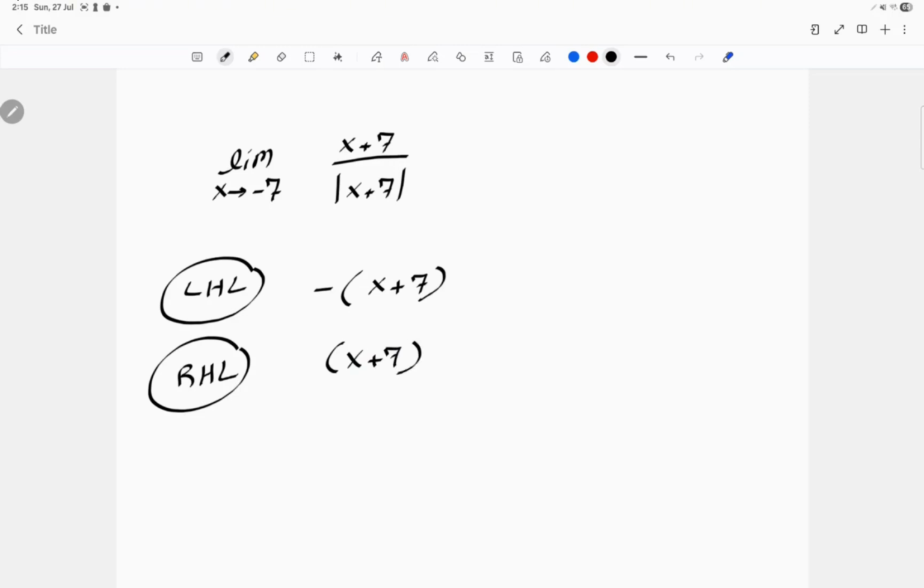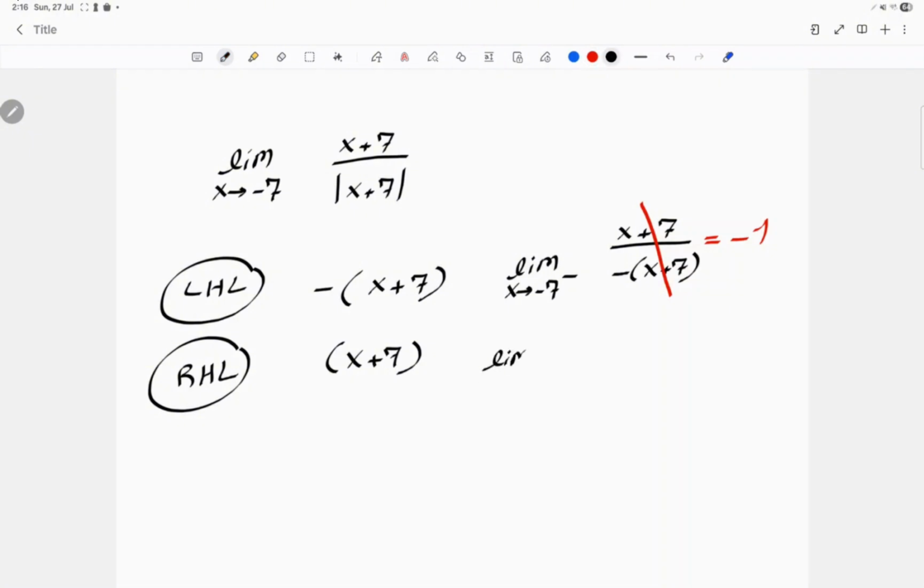So to assess your left-hand limit, which means the limit as x approaches -7 from the left, place -(x plus 7) in the bottom of the function, because left-hand limit means negative on the absolute value. This will never change, by the way. And now you just have to cross them out and you get -1.